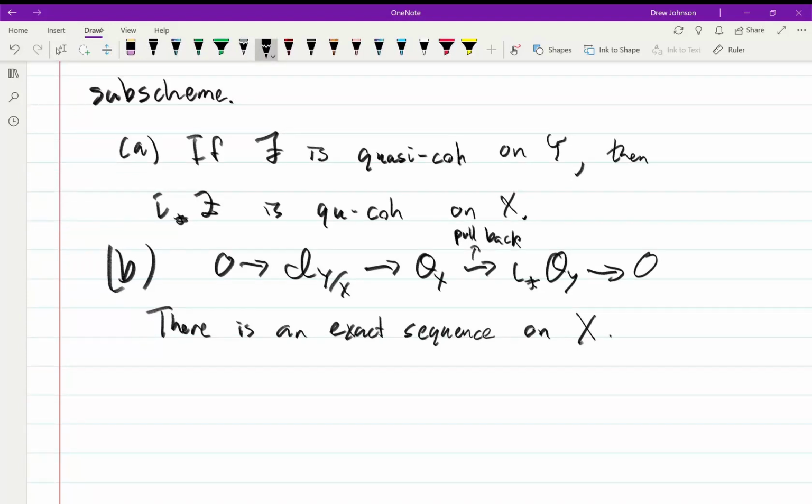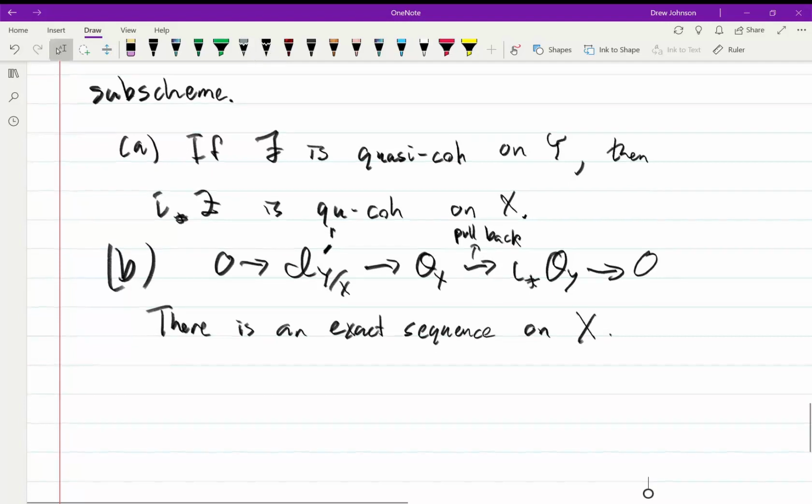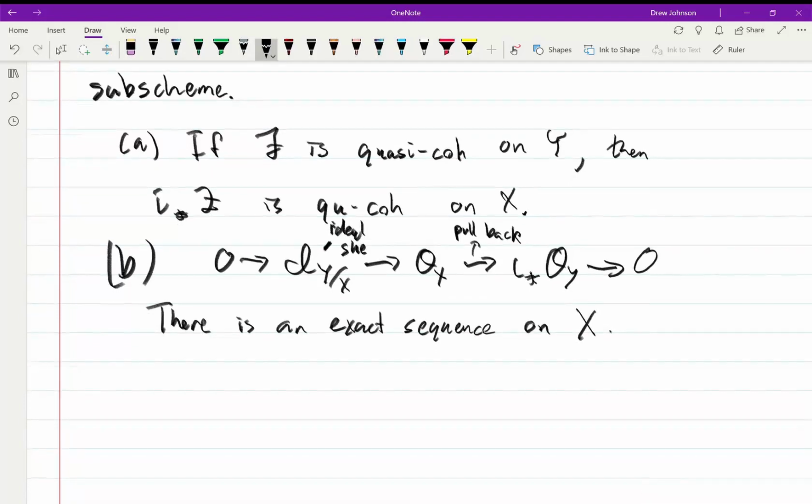And this thing here is called the ideal sheaf of Y in X. Okay, that's a little crowded. But here's the pullback map, which remember is basically like restriction of regular functions, and then the kernel of the pullback map will be called the ideal sheaf of Y in X, and it will be an O_X-module.